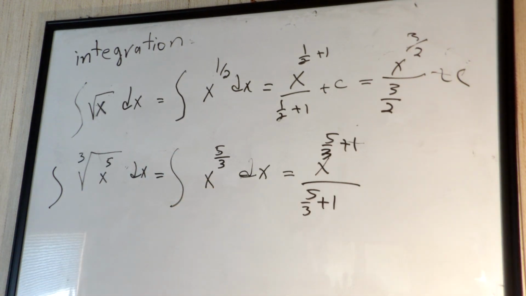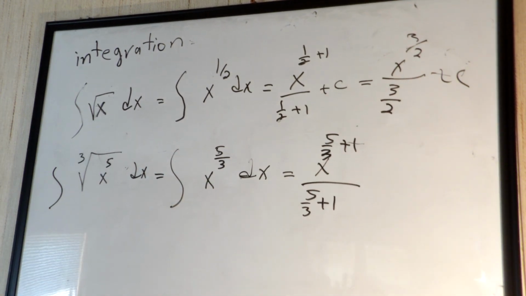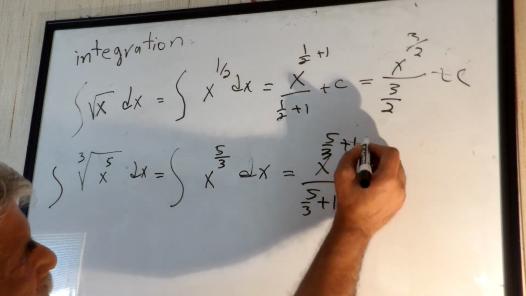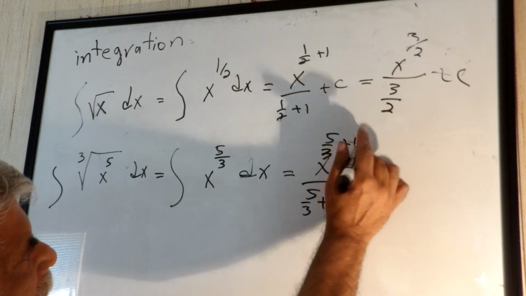We change it to the exponent form so we can use the power rule and get the antiderivative of this.